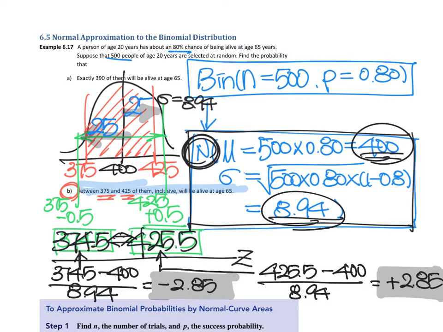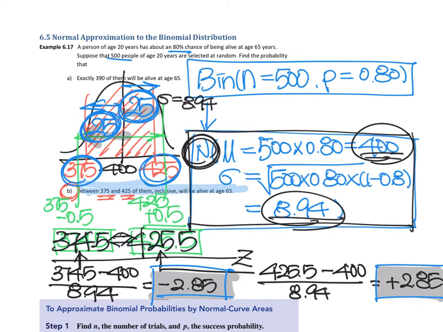So this way we added 25, and this way we subtract 25 to get 375 and 425. So because of that, we are going to have exactly the same two z-scores: the left one is negative 2.85, and the right one is positive 2.85.